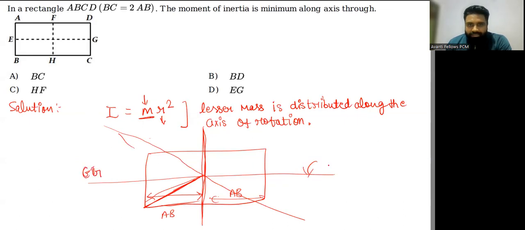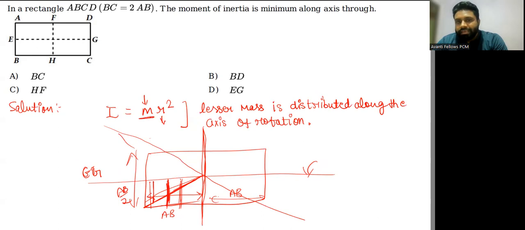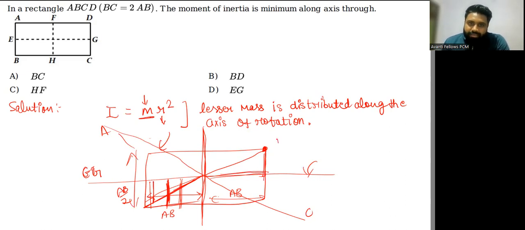So you will see in each and every situation, the distance of the mass from the axis of rotation is only distributed up to AB by 2. So this is the minimum distance that we can have along this axis. If you check this AC axis, you have a value of R pointing here, which you can calculate by Pythagoras theorem, which is definitely greater than AB by 2.